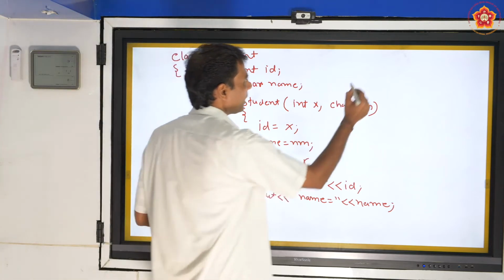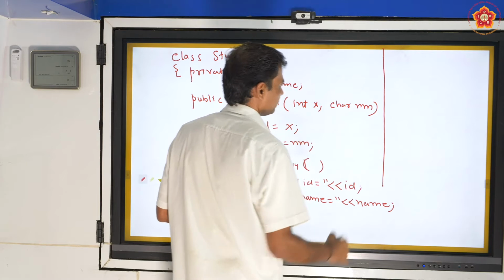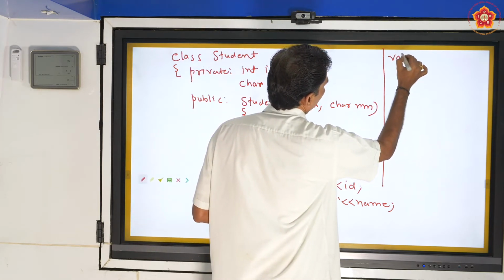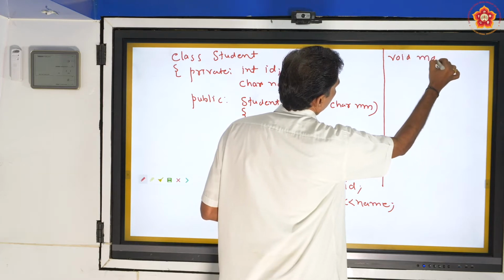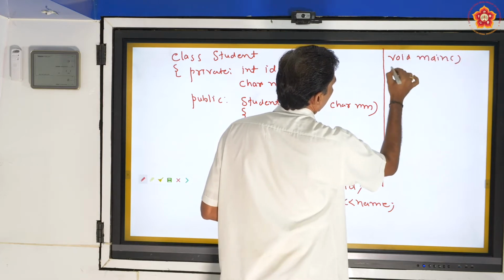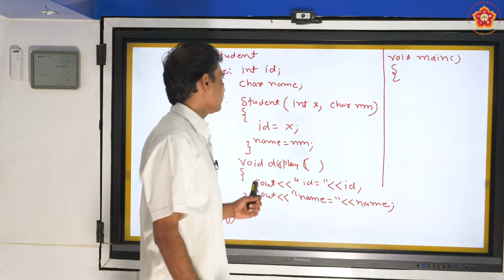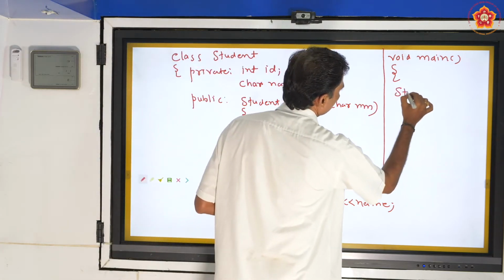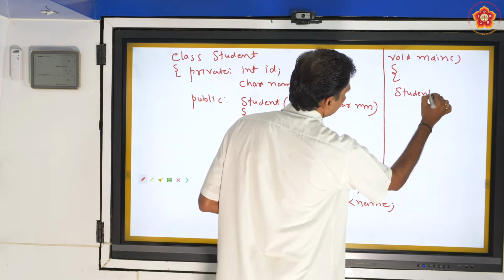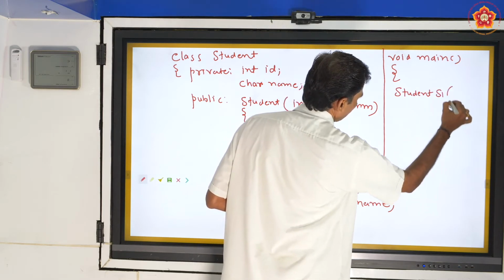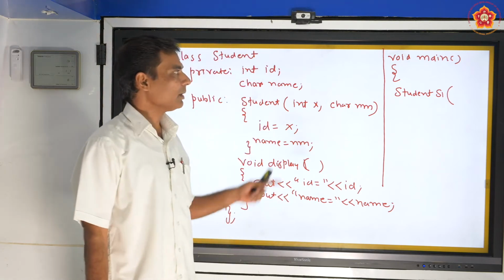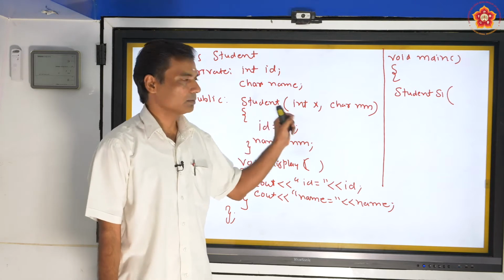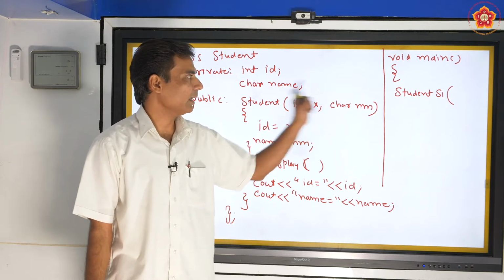To implement this class we have to write the main function. I am writing void main here. What we have to do is create an object of the class. So I am creating student s1. As it is a parameterized constructor, I have to pass parameter values for x and nm.